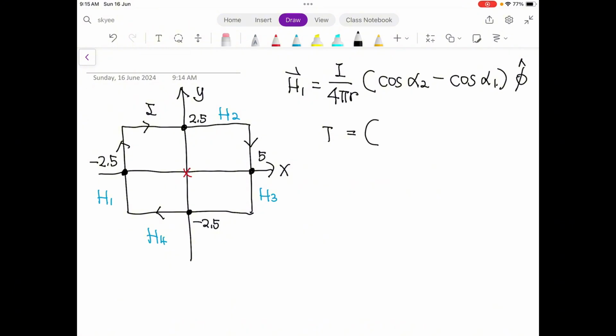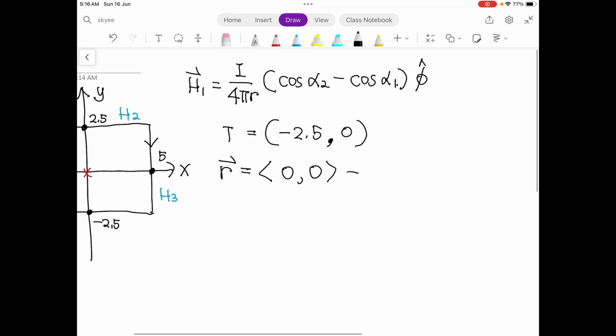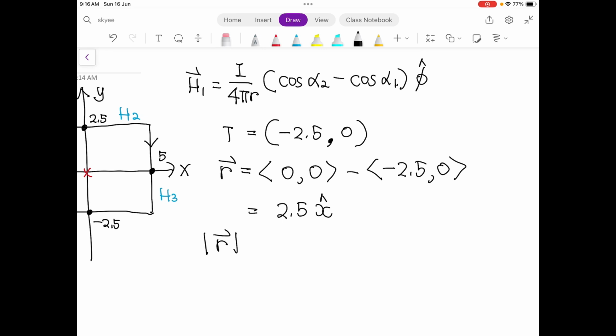For all of H1, the x is equal to negative 2.5, and the y will follow the observation point, which is 0. So your r will be 0, 0 minus negative 2.5, 0. So it is 2.5 x. The magnitude will be 2.5, and the unit vector r will be x.